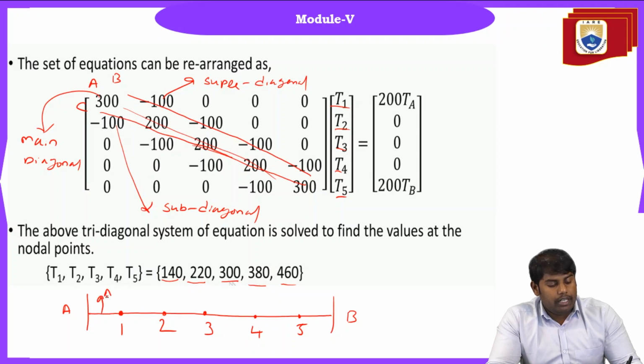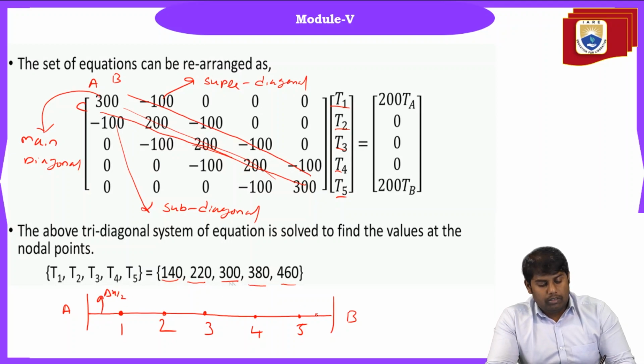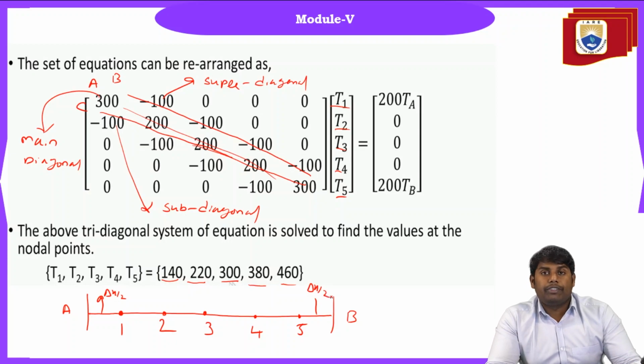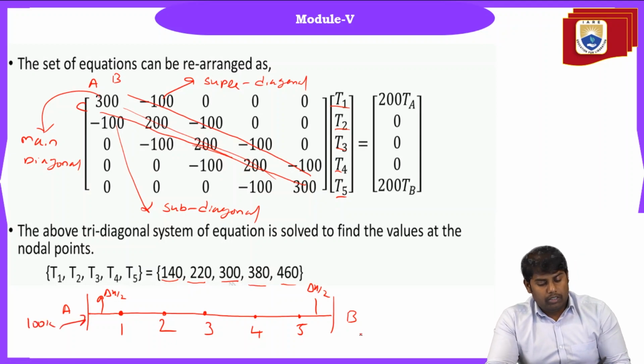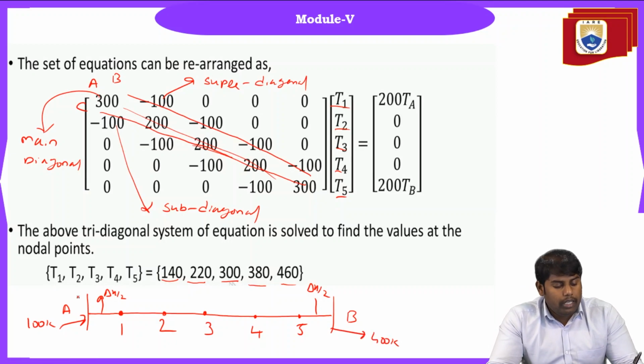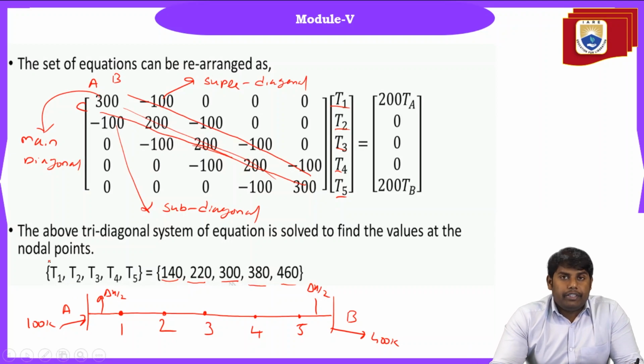This distance is delta x by 2, and this distance is delta x by 2. Here we are applying 100 Kelvin, and here some 400 Kelvin. In reality, whenever we perform any numerical simulation, we have to check with the exact solution also.